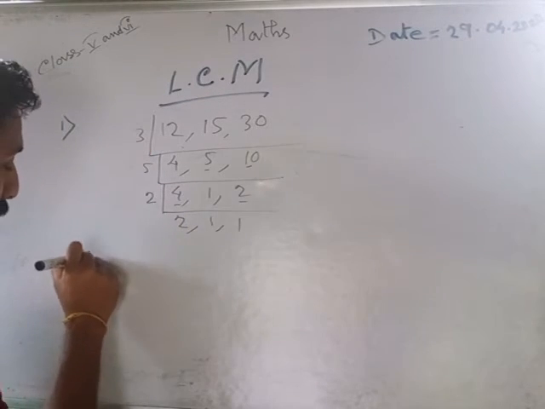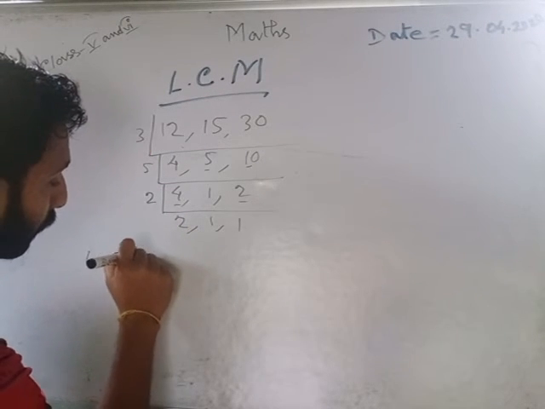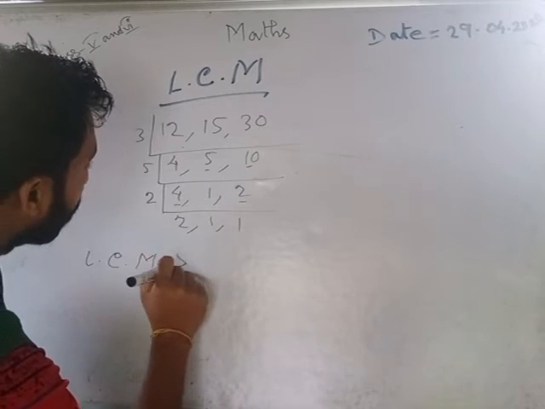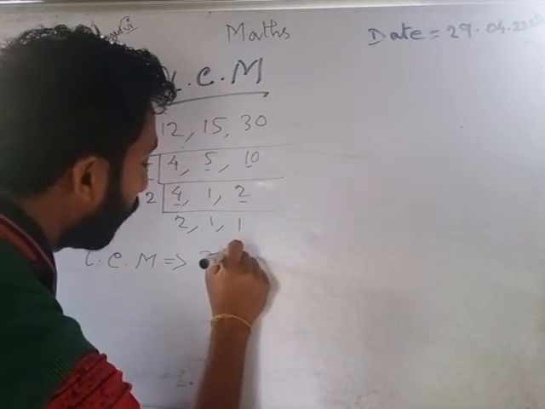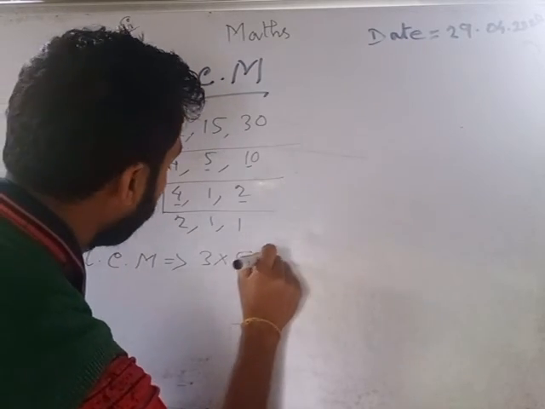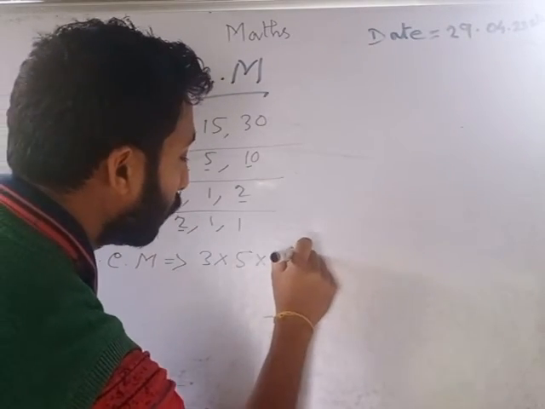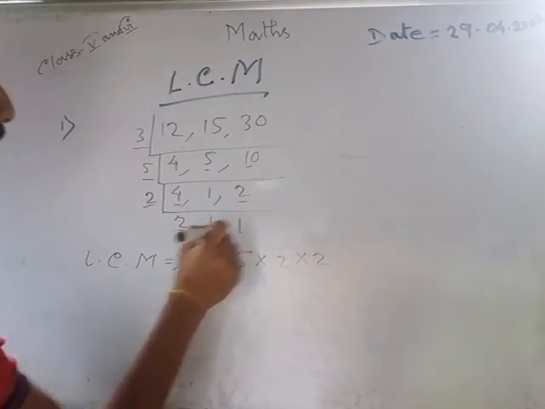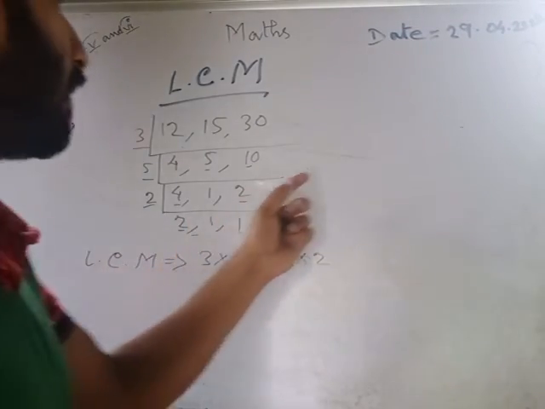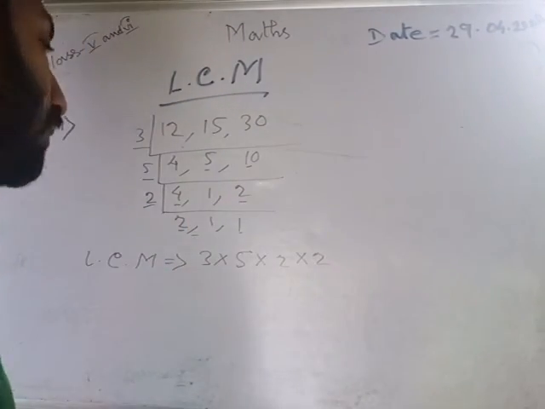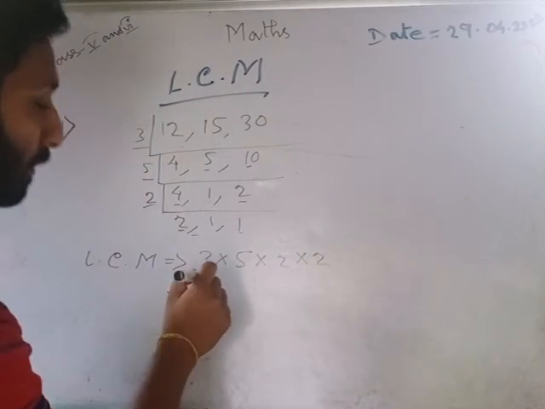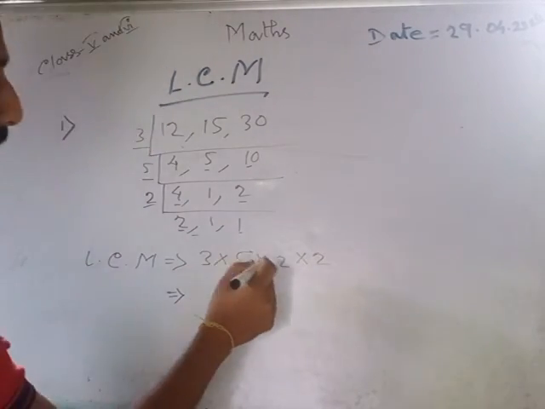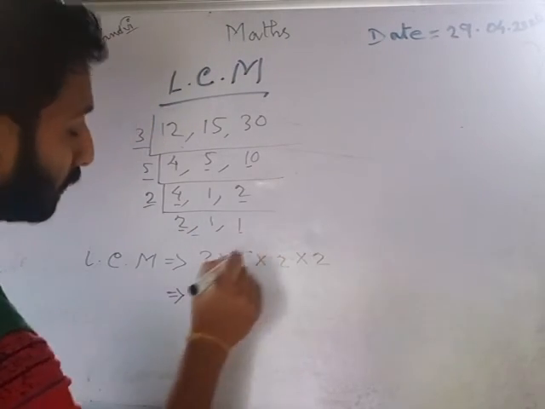That means for the LCM we should write 3, 5, 2 and this 2. 1 is not necessary to write here, because if any number is multiplied with 1, it is the same number. 3 5s are 15, 15 2s are 30, 30 2s are 60.